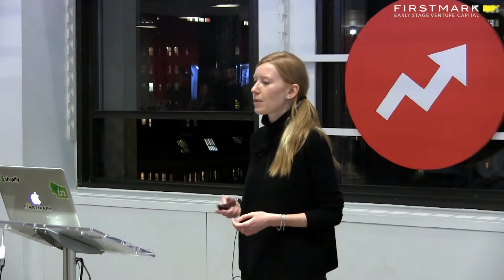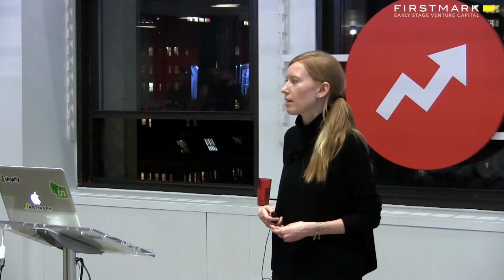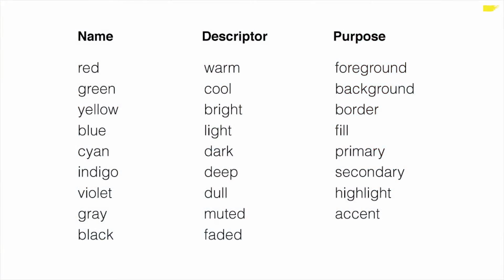So there's a lot of different ways that people decide to prioritize and give meaning to their color in their system. So I looked at that, and I also looked at different applications like photo editing apps and other design software, and looked at the types of words that we use to describe color.